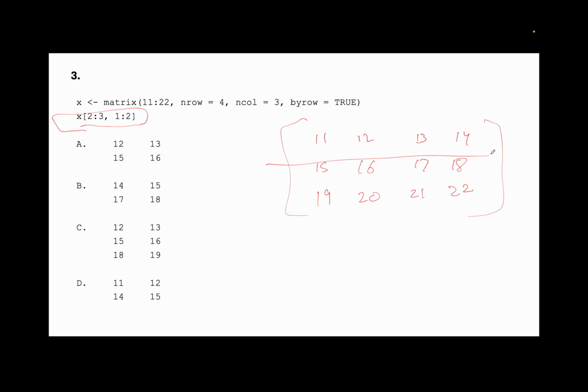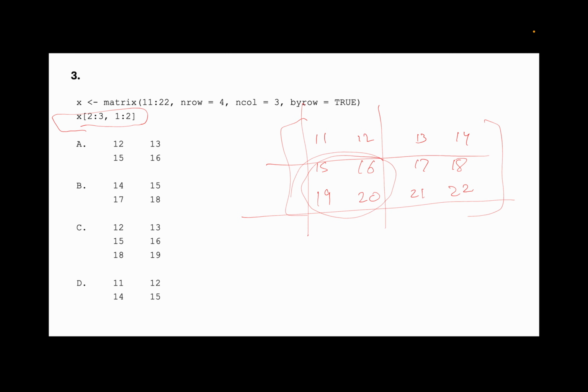So in this matrix, second and third rows, first and second columns. Here the option itself is not there; maybe the options might be wrong.